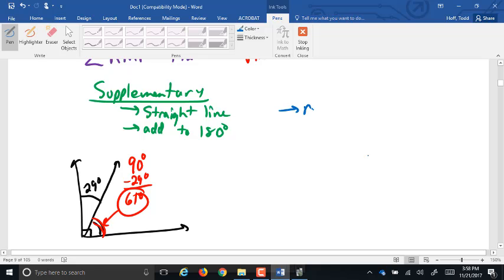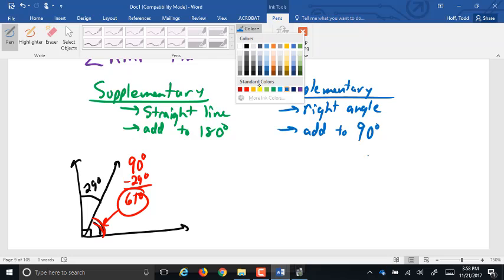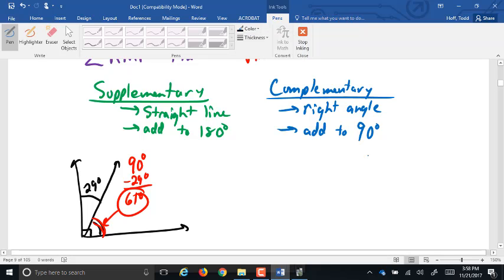Angles that add up to a right angle, or alternatively add to 90 degrees, are called complementary. Now, if you're anything like me when I first saw these, remembering the words was easy, but remembering which one was which was kind of tough.